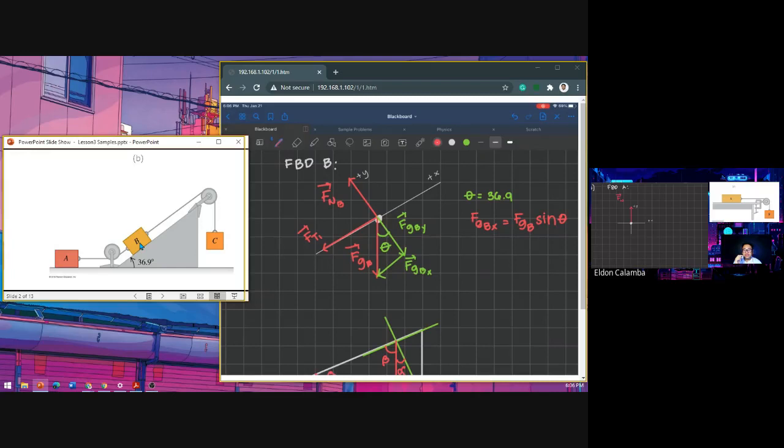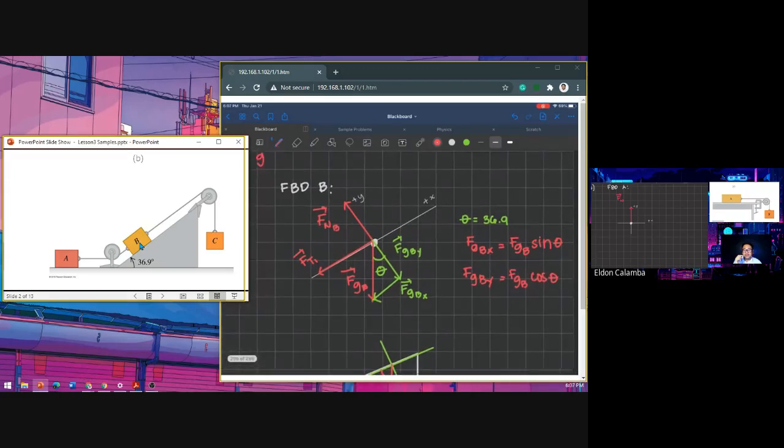And then FGBY, with respect to theta, this is the adjacent side. Adjacent over hypotenuse. So FGBY, this is just equal to FGB cosine theta. Okay, so don't forget your SOHCAHTOA.